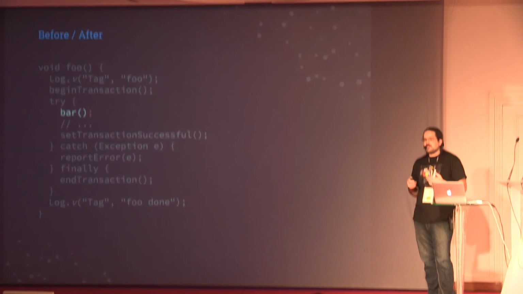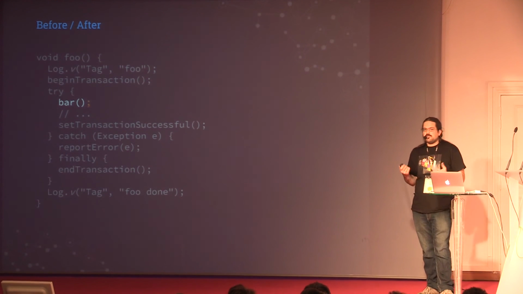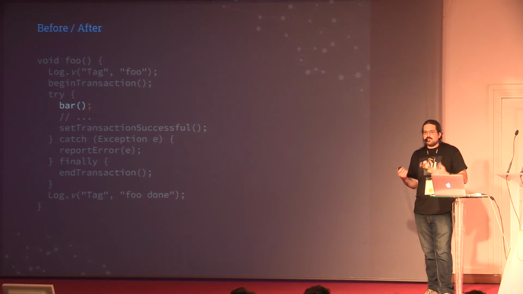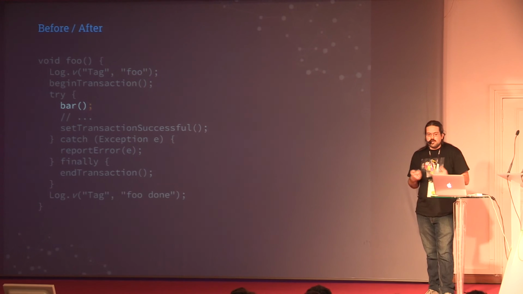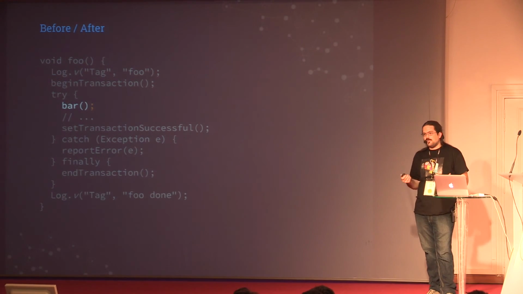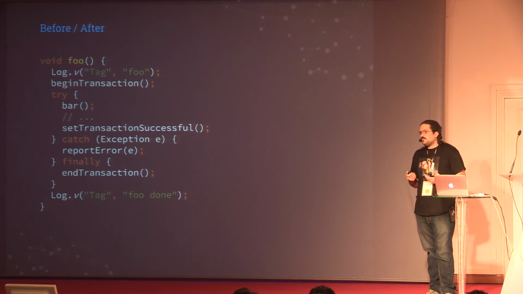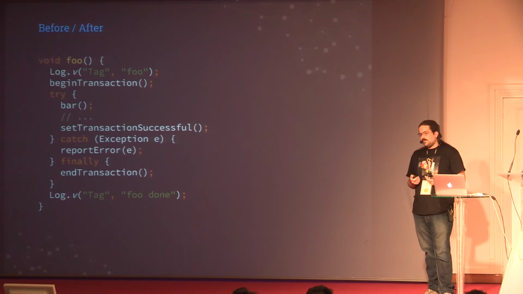All the rest is just utility code that goes around. The logs are just for the developer. The transaction is to make sure that things can run smoothly on concurrent threads, and the try catch is just to avoid crashing. So it's quite a lot of code for just one business logic line.